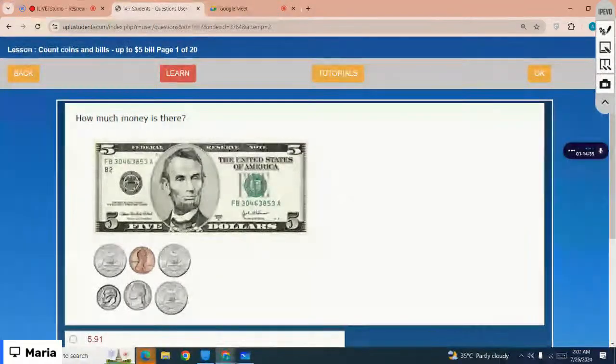Let's start with the test questions. How much money is there? That's exactly the one we just did, right? So which is the correct option?